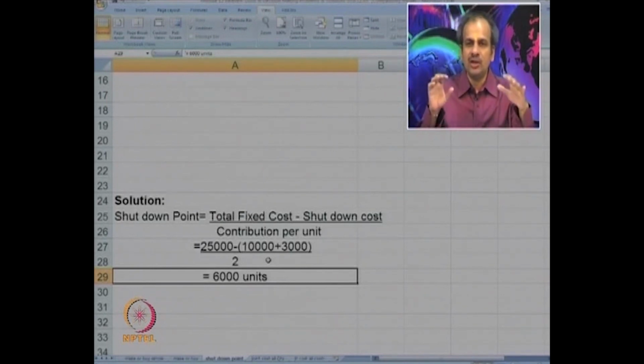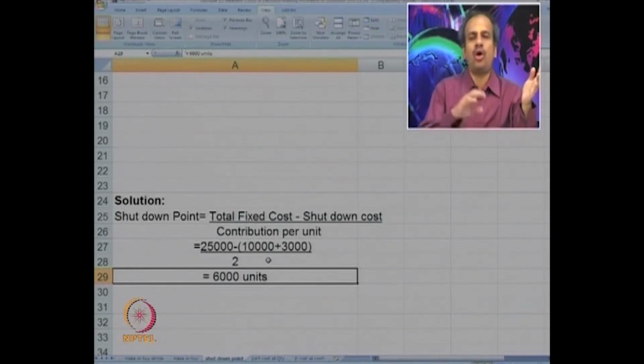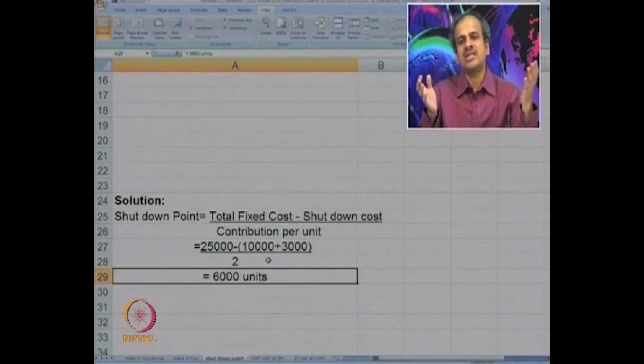So we will continue to incur 12,000 and the contribution per unit is 2 rupees. So 6,000 units become that level of activity where whether we operate or not operate, the cost will remain the same, right? So that is considered as a shutdown point.